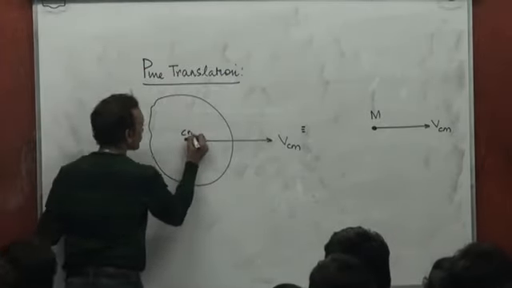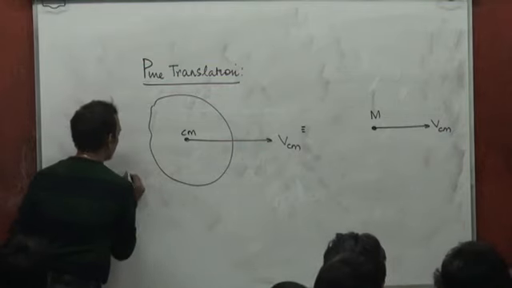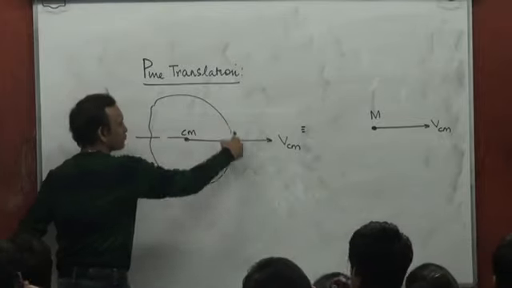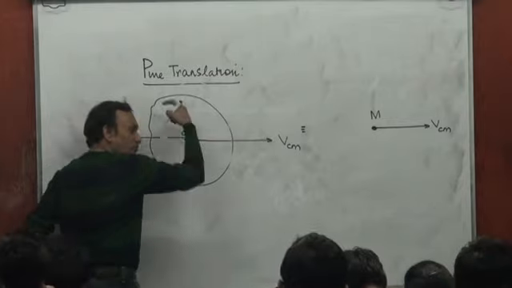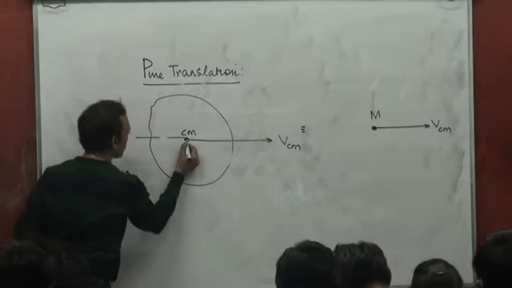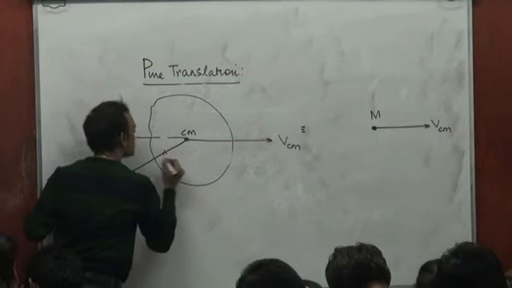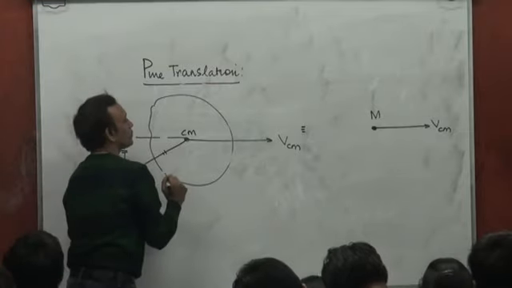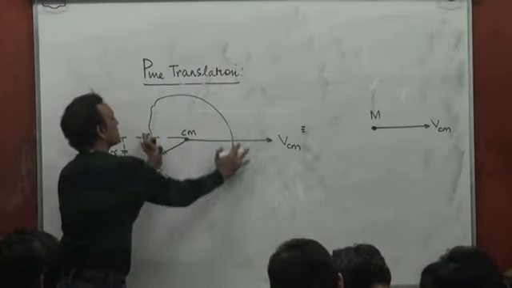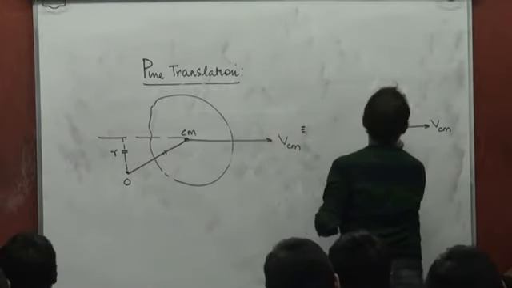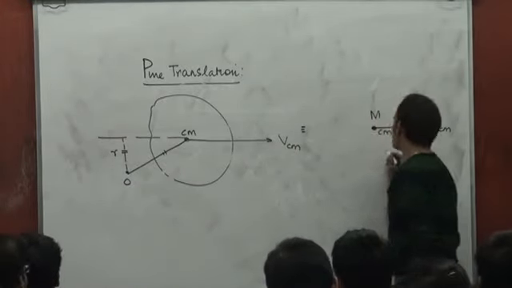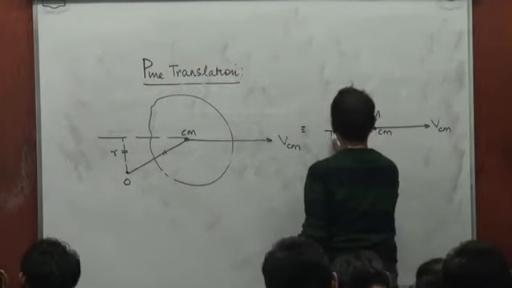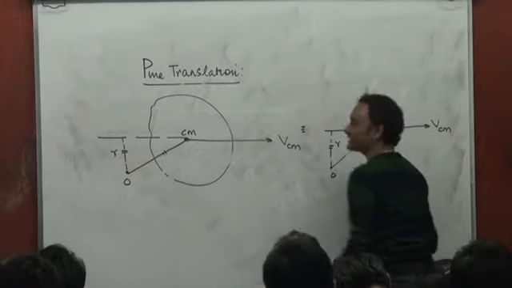Now, I want to calculate the angular momentum about O for this collection of particles in the state of pure translation. What I'm eligible to do is replace this entire collection by a point mass placed at the center of mass, and the point O is located here at a distance r.